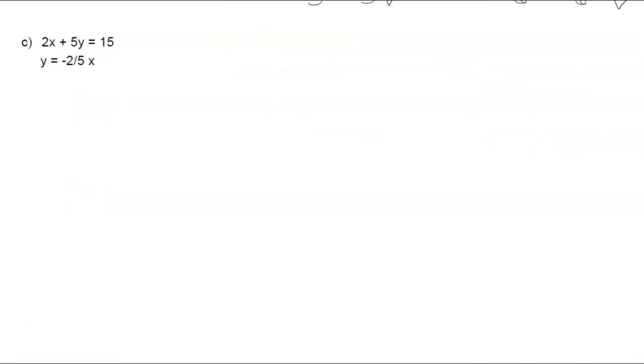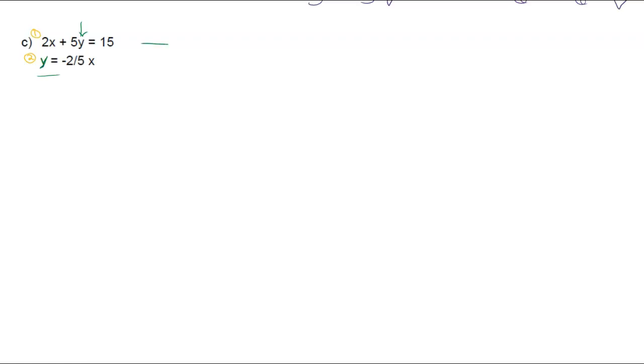Okay, one more example. First equation will be equation 1, and second equation is labeled with a 2. If you look closely, you'll see the second equation is already solved for y. Yay, we like that. So I'm going to take equation 2, and wherever in equation 1 I have the y, that's where I'm going to plug in negative 2/5 x.